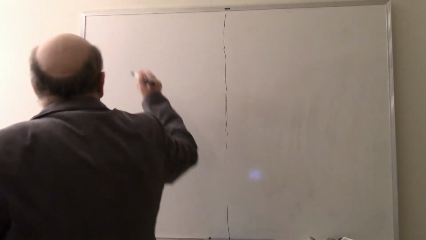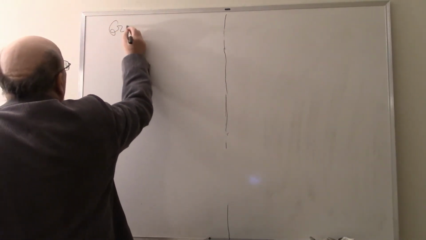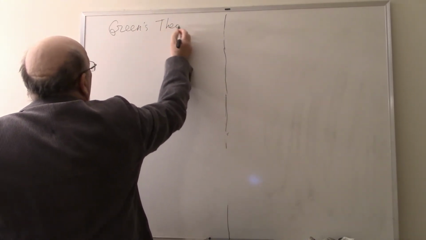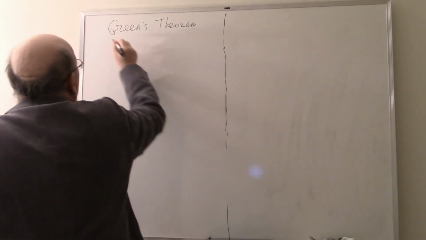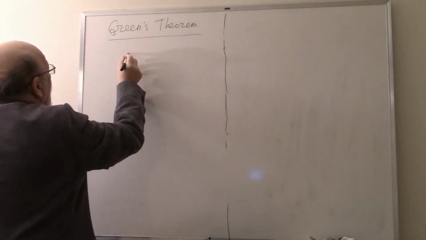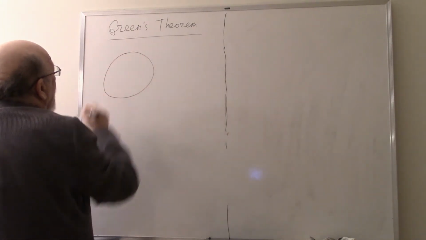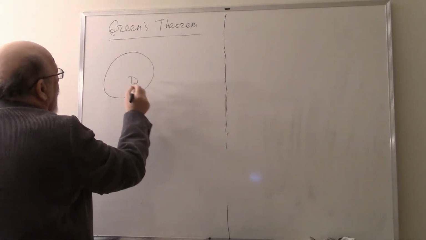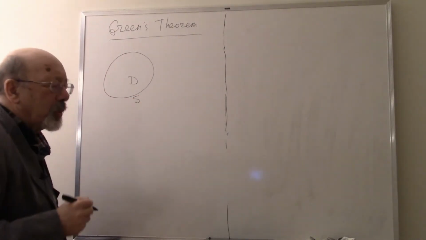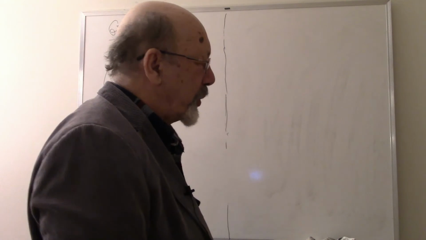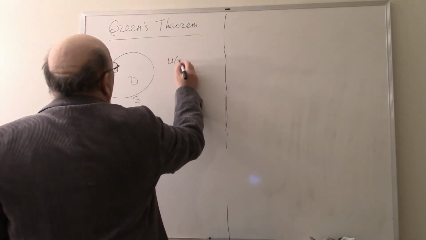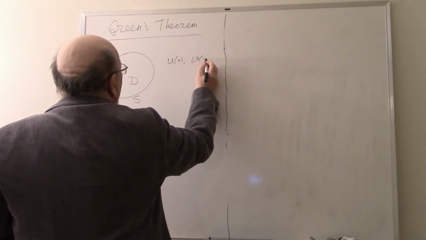It is Green's theorem. Suppose again we have domain D with a boundary S, and we have two functions, u of x and v of x.